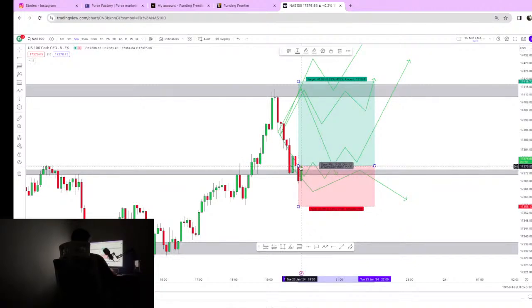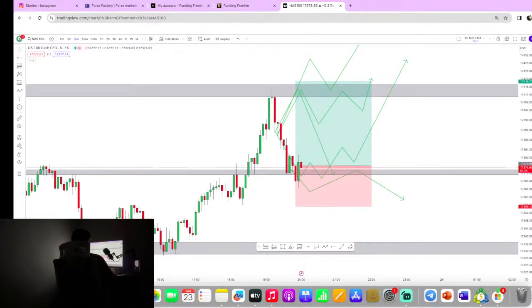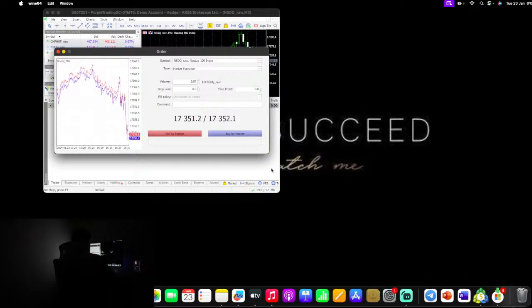The condition is if it closes above this only, otherwise not. Yeah, it closed above, so I'll open a position. 0.15.